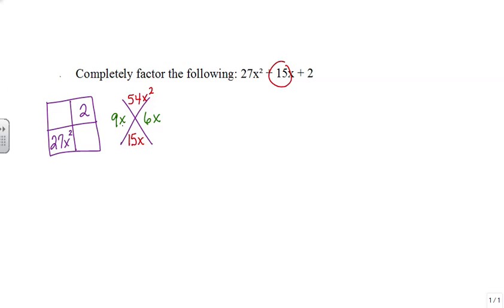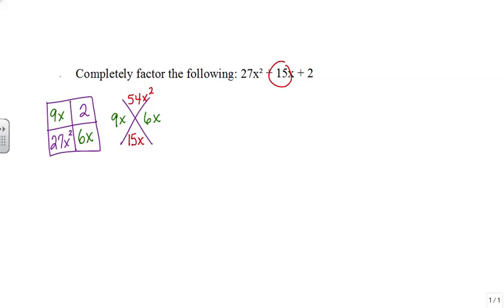When I have the left and right sides of my diamond complete, I'm going to put those two terms in the two boxes that are empty on the left. From here, I want to come down each column and go across each row and figure out what matches in each column and in each row.